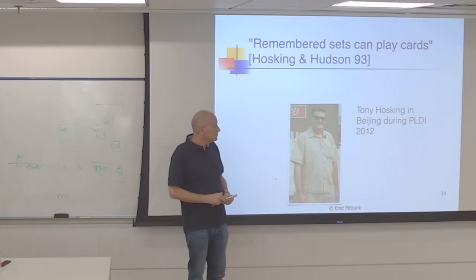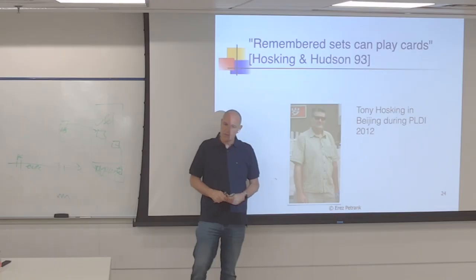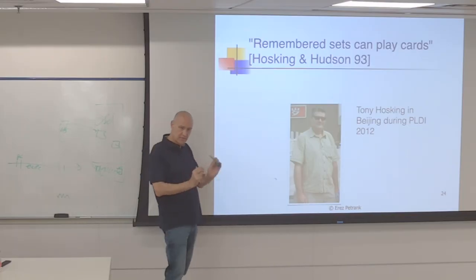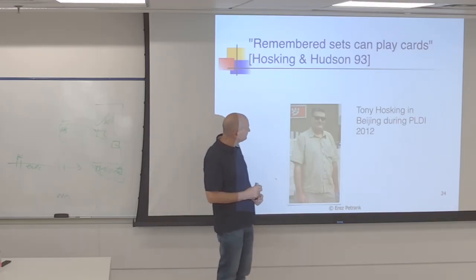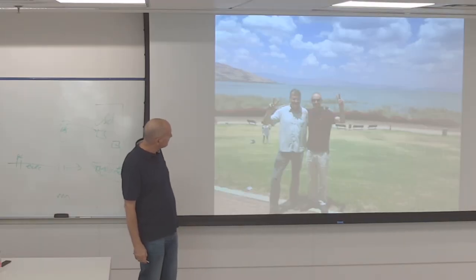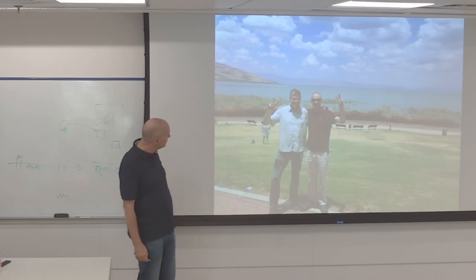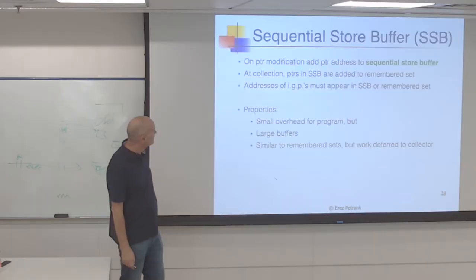He did a lot of work on garbage collection, also on transactional memories, which I don't know if you've seen. It's something with parallelism. And Tony also visited us. This is at the Sea of Galilee, the Kinneret, and then here he is in Haifa.